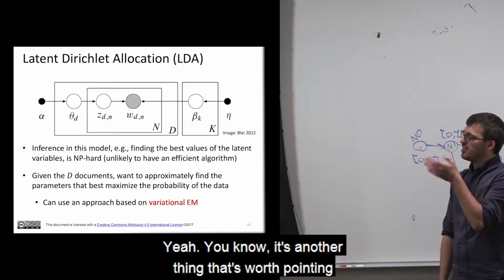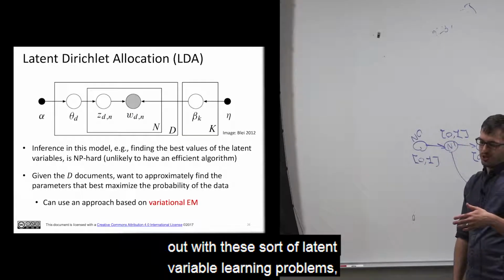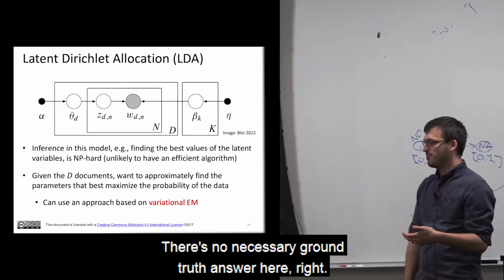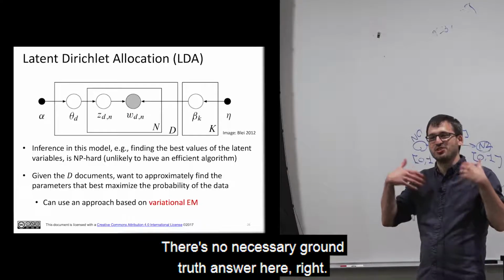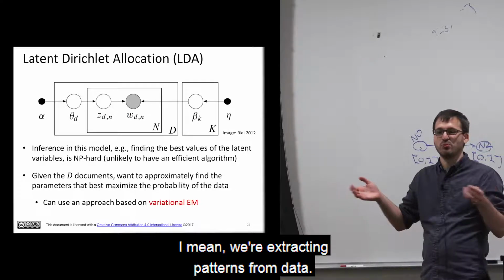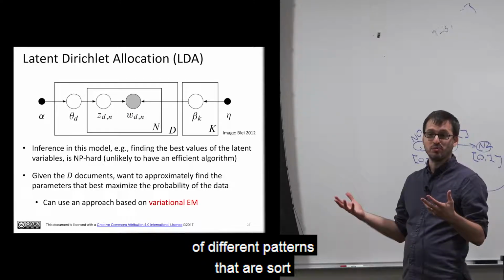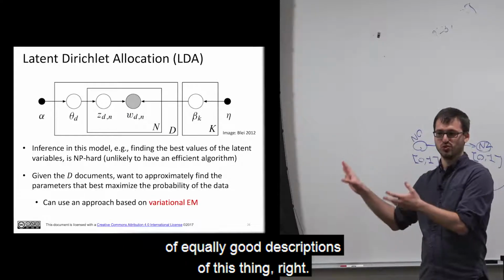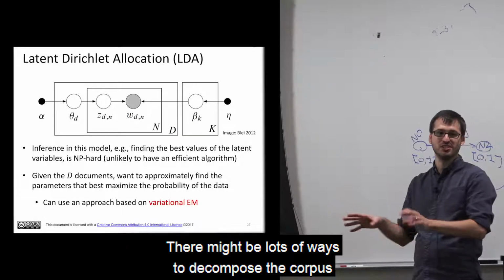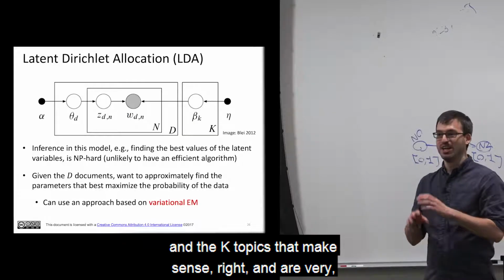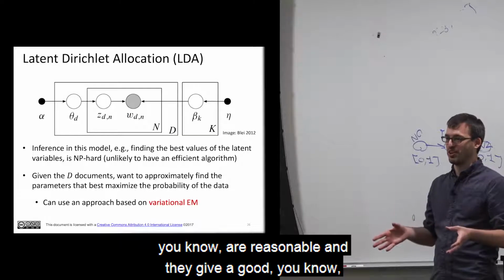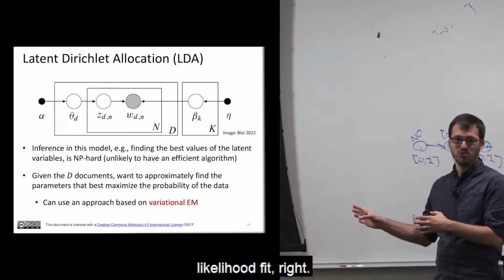Another thing worth pointing out with these latent variable learning problems is that there's no necessary ground truth answer here. We're extracting patterns from data. There might be lots of different patterns that are equally good descriptions of this thing. There might be lots of ways to decompose the corpus into K topics that make sense, are reasonable, and give a good likelihood fit.